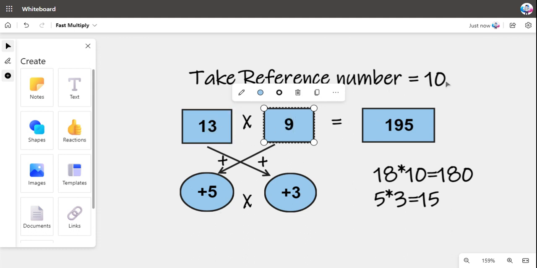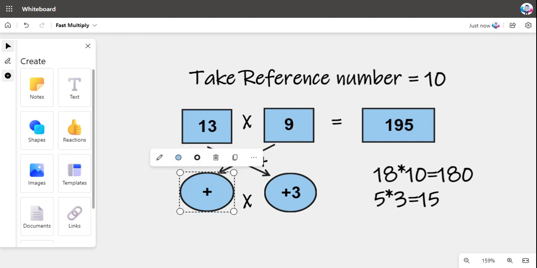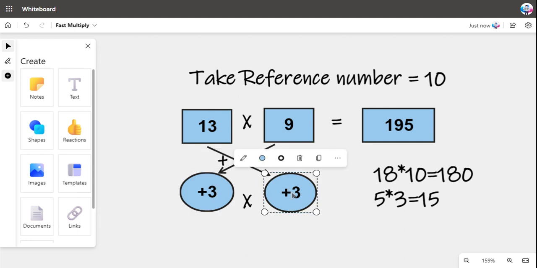For this also we have the reference number 10, because 13 is closer to 10 but greater than 10, and 9 is smaller than 10. Here we put plus 3, because 13 is 3 greater than 10, and minus 1, because 9 is smaller than 10 by 1.